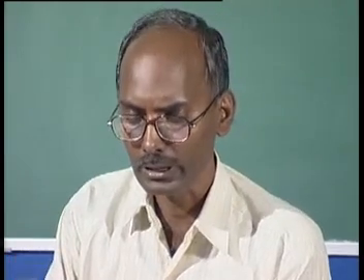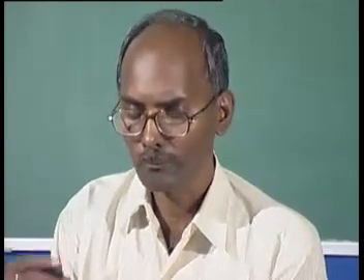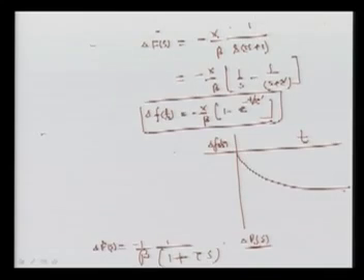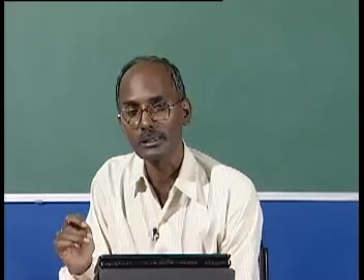When you increase the load, the frequency will fall and finally settle, and this value is nothing but the change in F steady state that we calculated, minus X upon beta. So you can see the frequency is reduced and settled and saturated, that is the steady state.